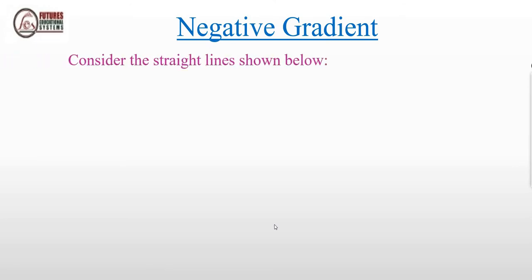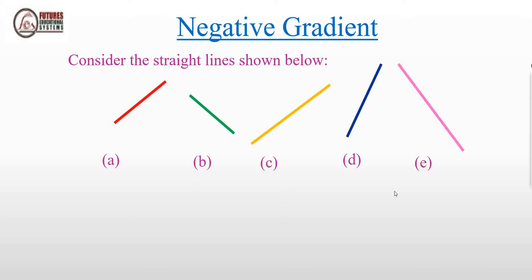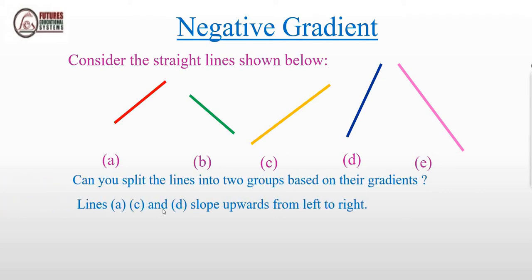Negative gradient. Consider the straight lines showing below: A, B, C, D, and E. The lines A, C, and D slope upwards from left to right, but the lines B and E slope downwards from left to right.